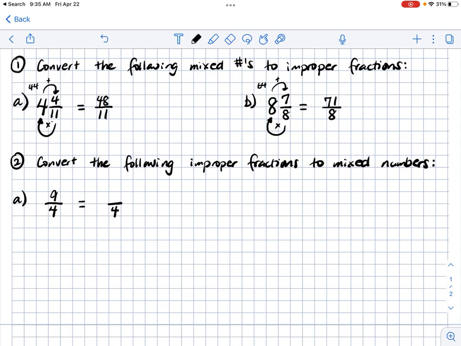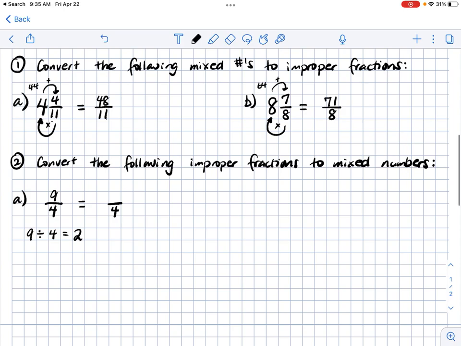Now, remember that whatever fraction accompanies this mixed number, it has to be a proper fraction where the numerator is smaller than the denominator. So I think to myself, again, 9 divided by 4, approximately how many times is that, or the closest whole number? I know the closest whole number without going over is going to be 2, right?